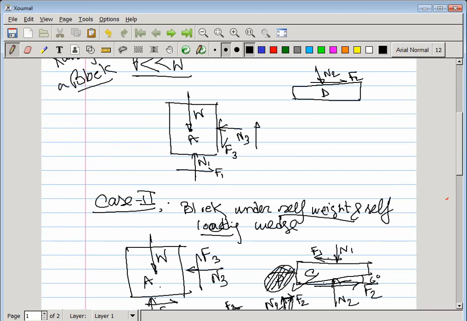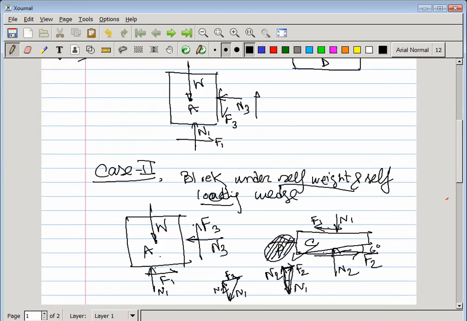Due to its own weight, the self weight, it is automatically self locking. So what is the necessary requirement for that? Due to its own weight it does not move downward. To satisfy that condition, what we have to do, that is case 2.